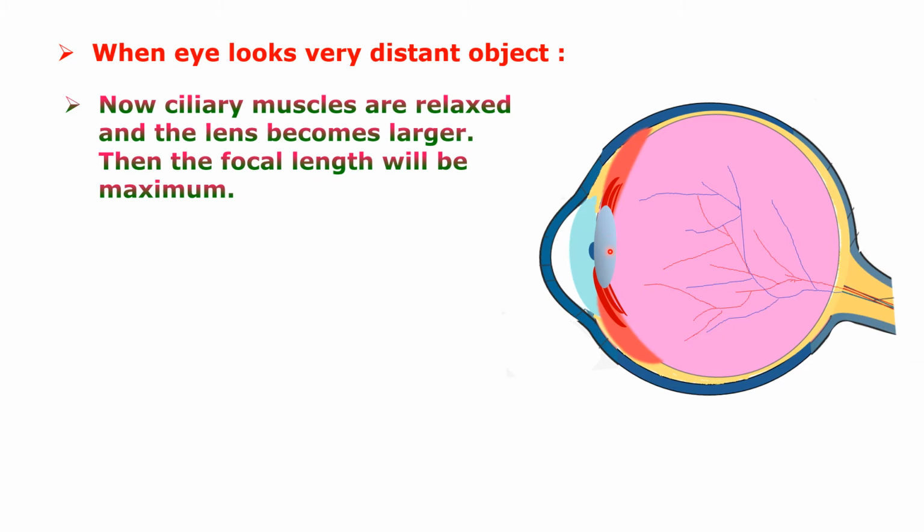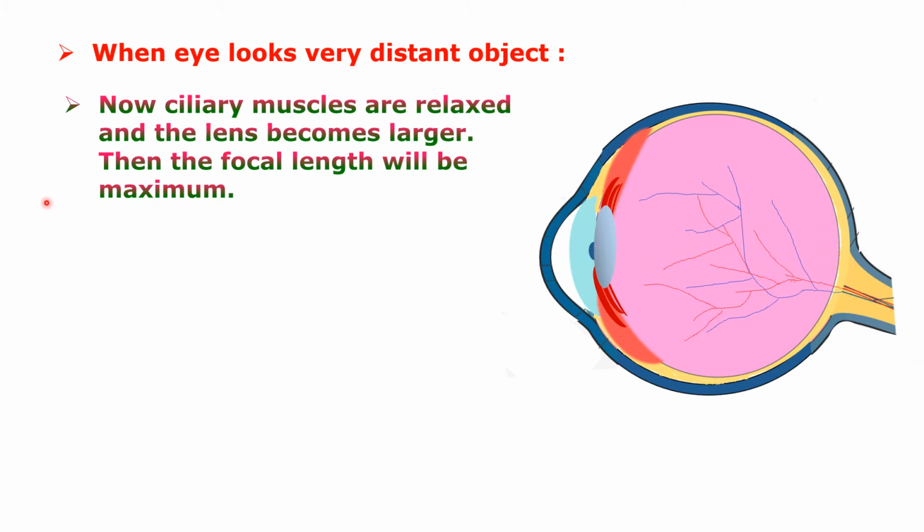So the maximum focal length of the lens is only 2.5 centimeters. We know one case. In case of convex lens, when the object is placed at infinity, its image will be formed at the focal point on the other side of the lens.